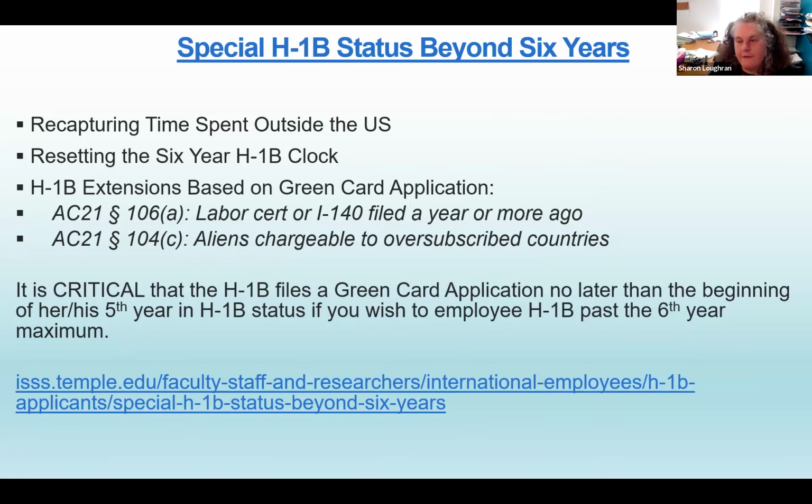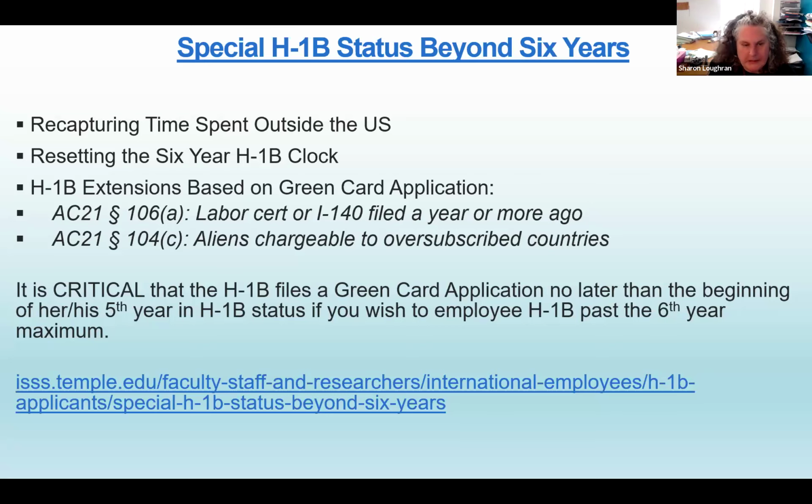So some people can file beyond the 6 years. Number one, we can try to recapture time that someone has spent outside the US. They can reset the H-1B clock, which means they go outside the US for a full year, and then they can get a whole new 6 years. Or, depending upon when they filed a green card, we could potentially file a 7th year petition for them, or we could file for 3 years for a 7th year petition.